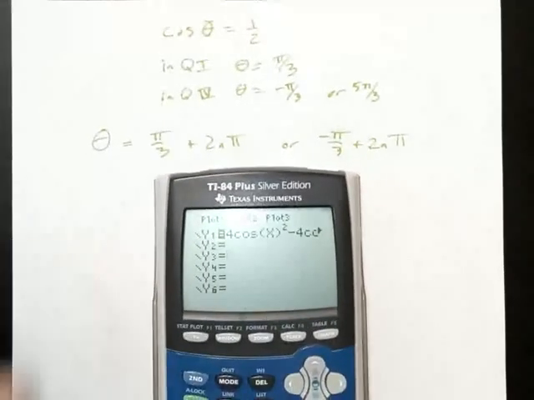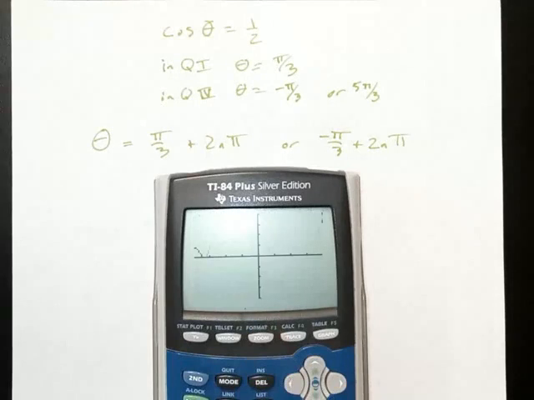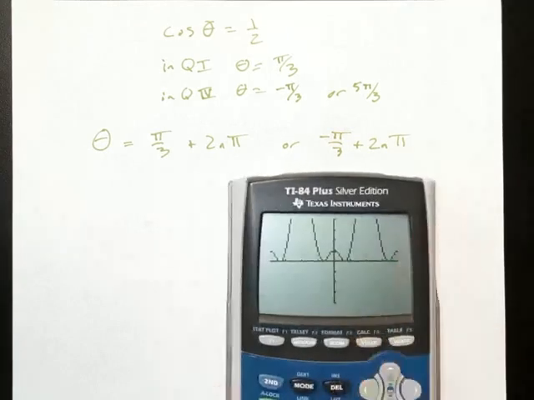I just have to look for where it crosses the axis. Doesn't look like a trig function anymore because of the squares that are floating around in there. I get a much weirder looking picture, don't I? But there we are, pi over 3 and 5 pi over 3.